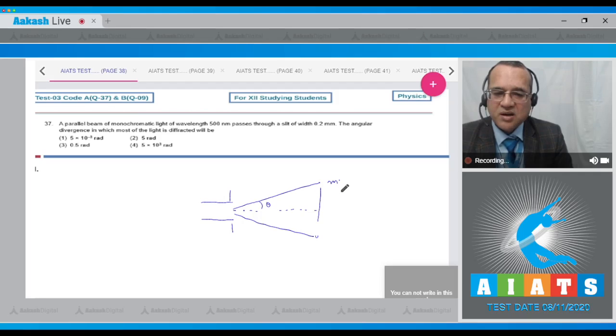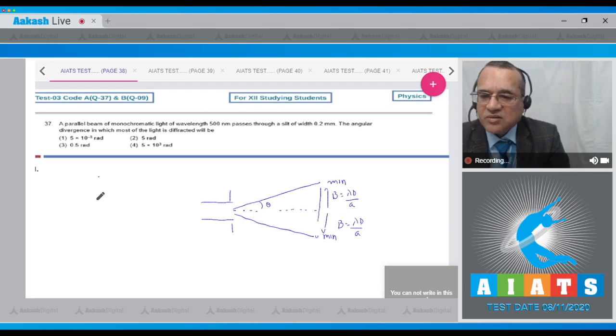Here is a minima and this is a minima, and this distance is the central maxima. A sin theta is equal to plus minus lambda.